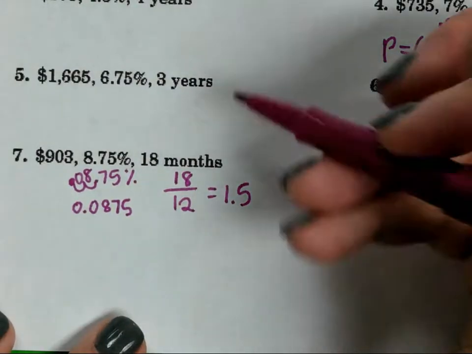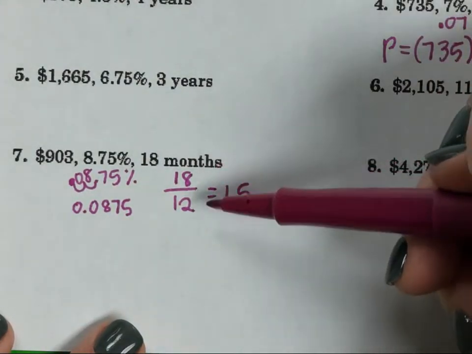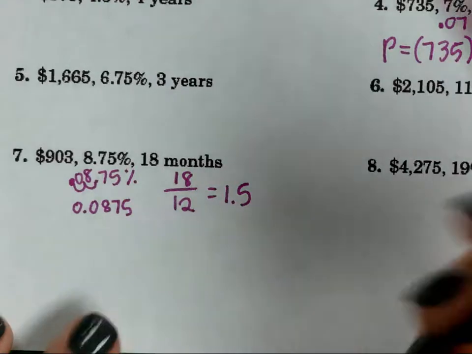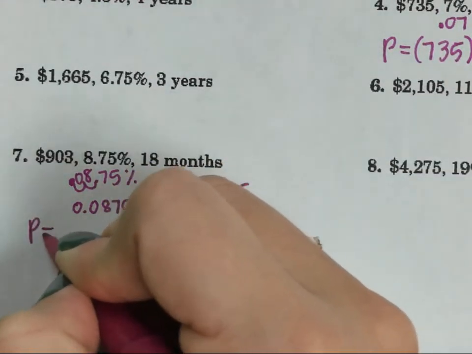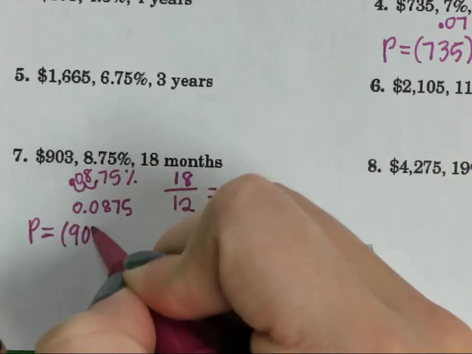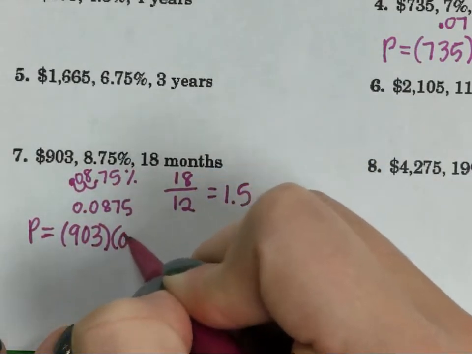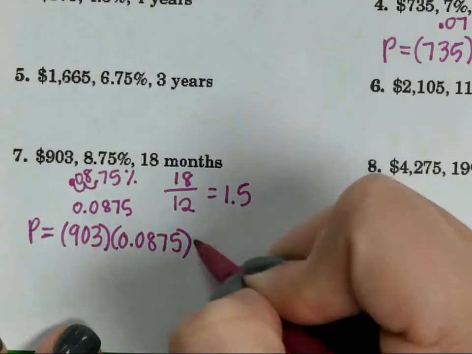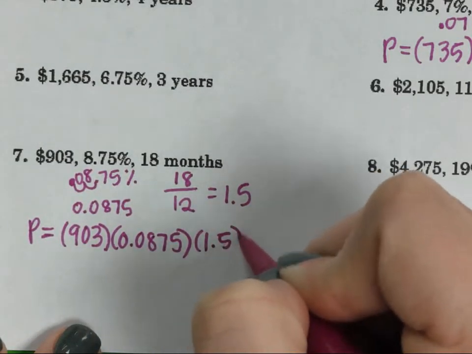So remember, you're dividing however many months you're given by 12. All right, so now I'm ready to plug it into my formula. So I equals 903 times 0.0875 times 1.5.